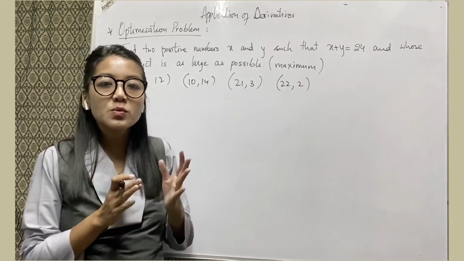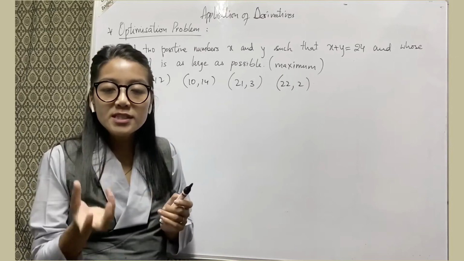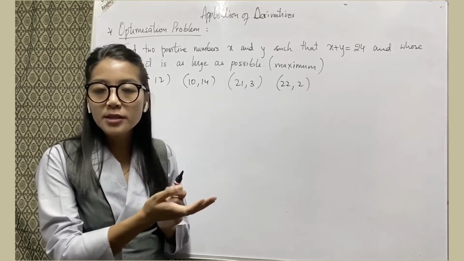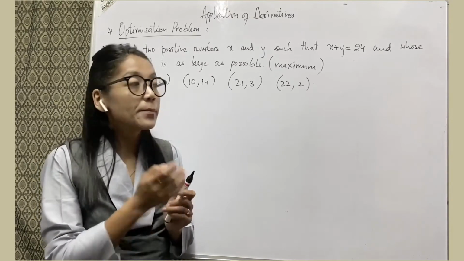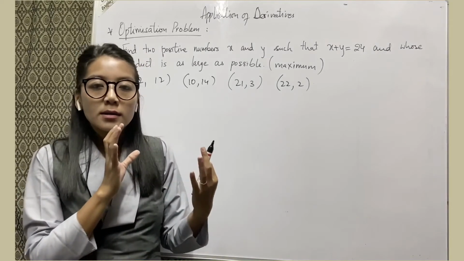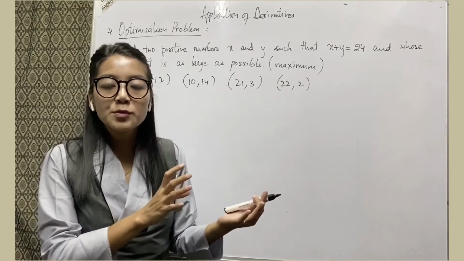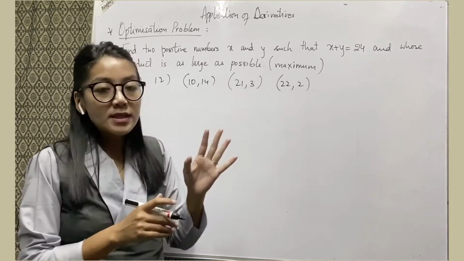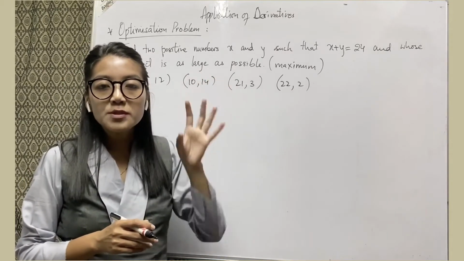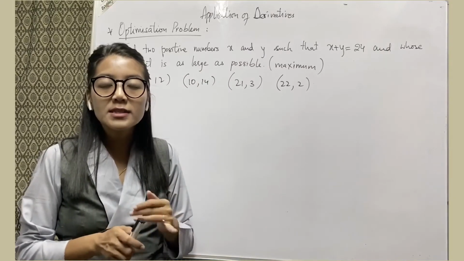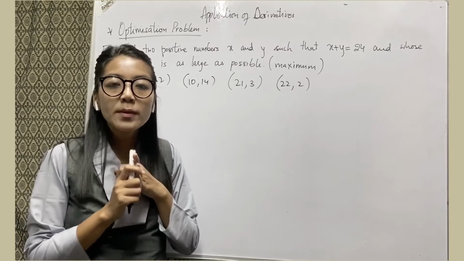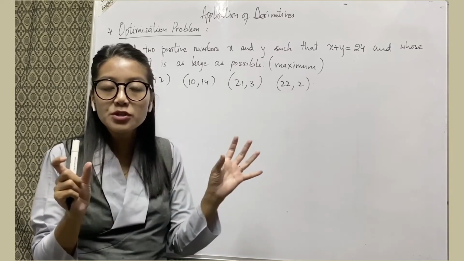So all the questions will always be of this type: one quantity will be given and one quantity is to be optimized. The same thing happens even for optimization problems on mensuration quantities. So remember, in all this type of question, one of the quantities will be given and one of the quantities is to be maximized. You should be able to differentiate these two.